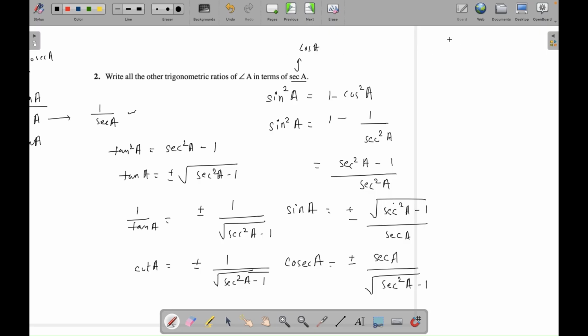So what we can do is write all the ratios in terms of sin A. So try writing all the ratios in terms of sin A. Try writing all the ratios in terms of cos A. Try writing all the ratios in terms of tan A. Then in terms of cosec A. Then sec A. And then cot A. So this covers everything. If you are able to do these things, these types of questions would become easier for you to solve. Okay.